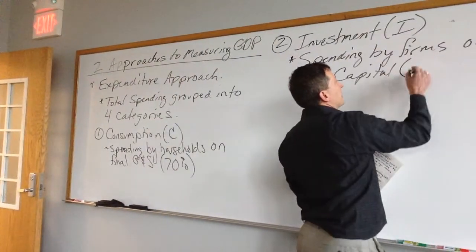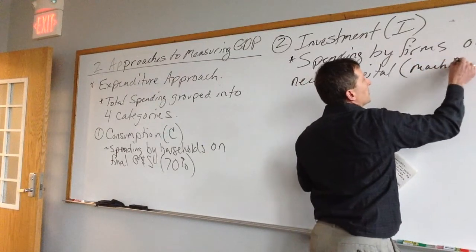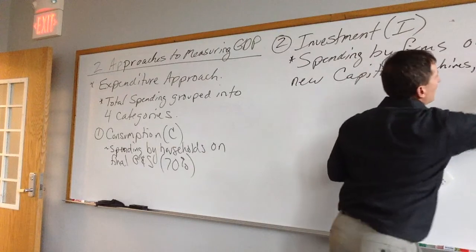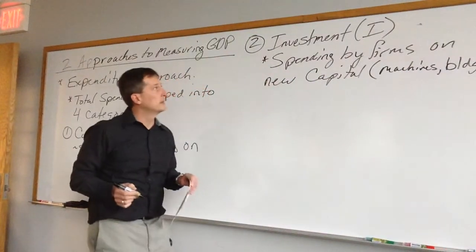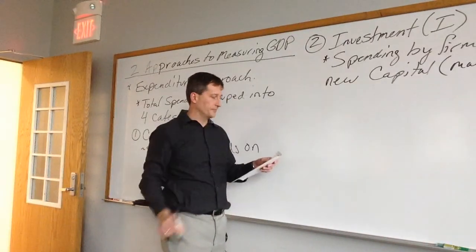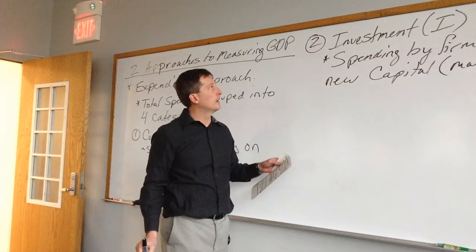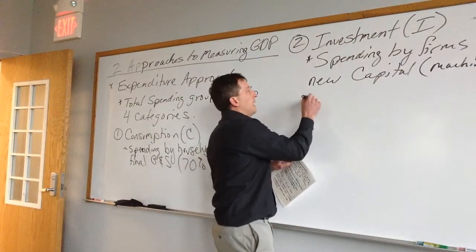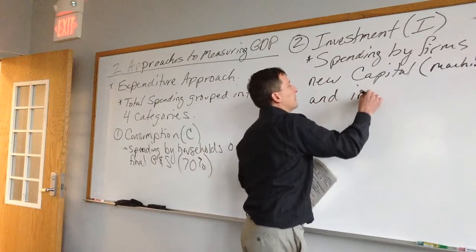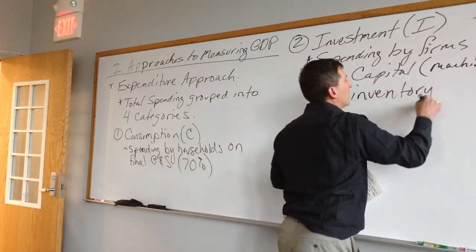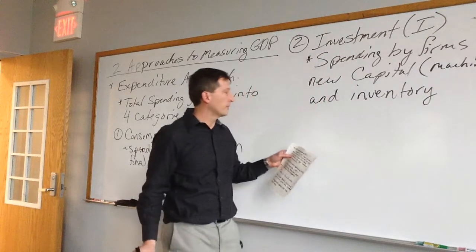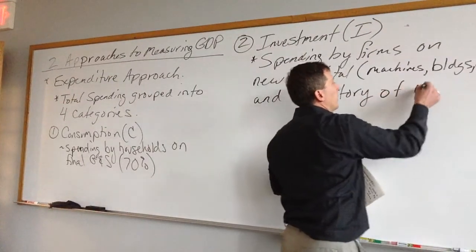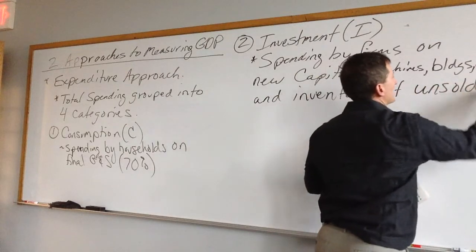And remember, capital is machines, buildings, etc. So spending by firms on new capital and inventory. Inventory of unsold goods.